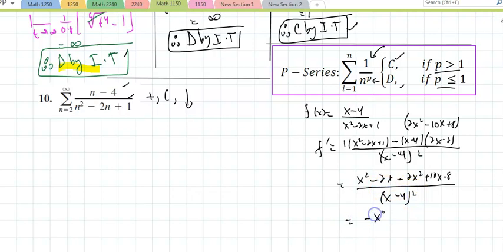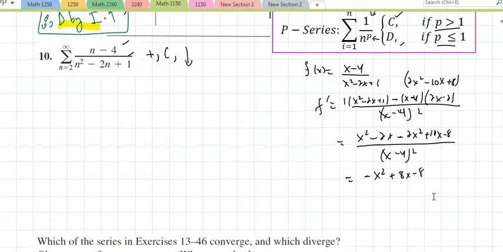You'll end up with a negative x squared plus 8x minus 8 over x minus 4 squared.